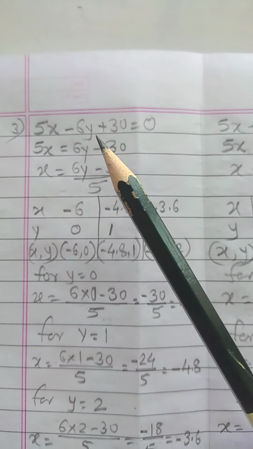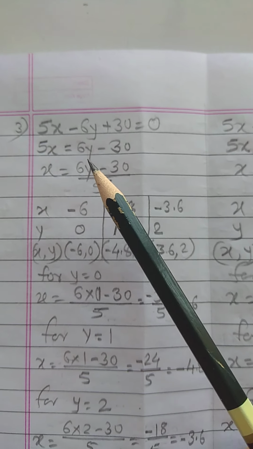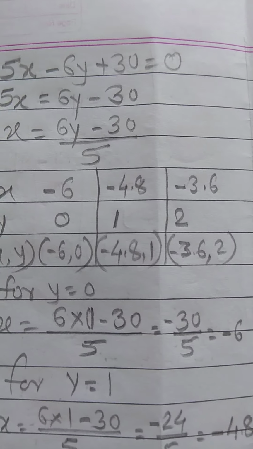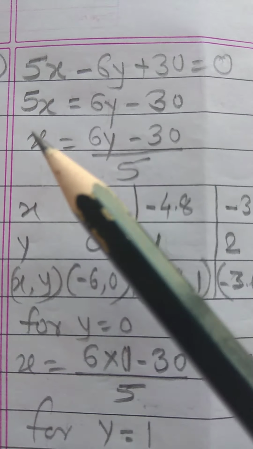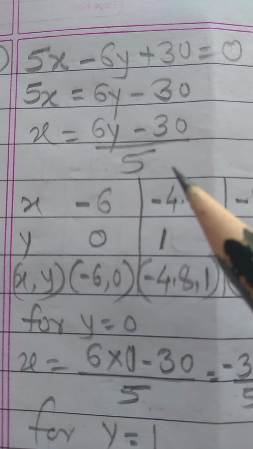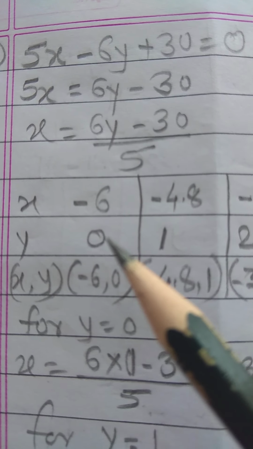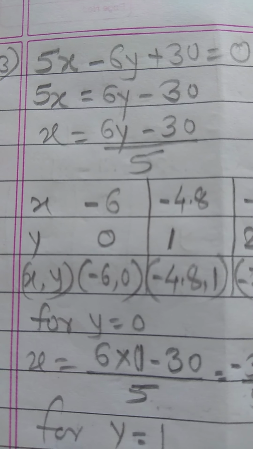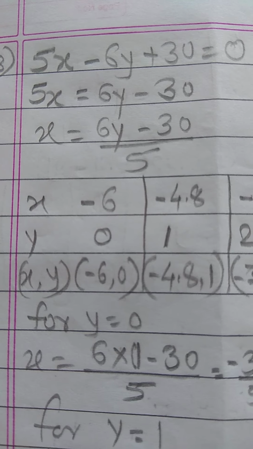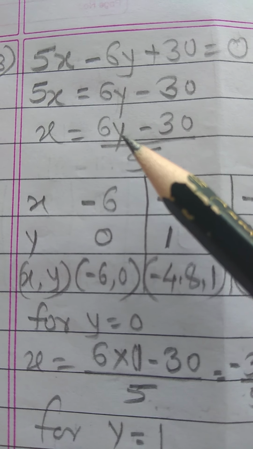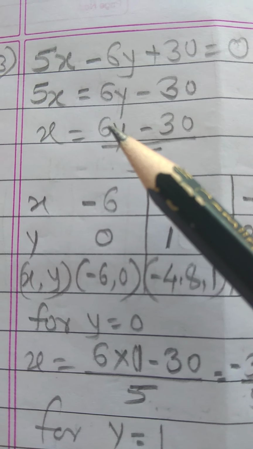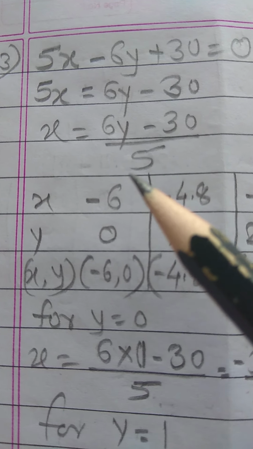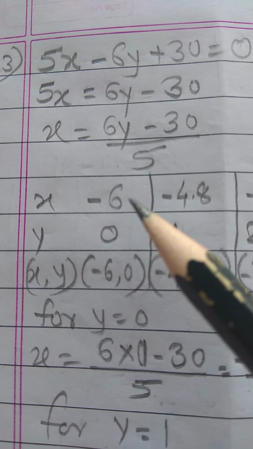Now minus 6y will go to that side, it will become plus 6y, 30 will go to that side, it will become minus 30. Now into 5 will become upon 5. We will take easier values now, y equal to 0. So if we take y equal to 0, then 0 into 6, 0, minus 30 upon 5, it will be minus 6.